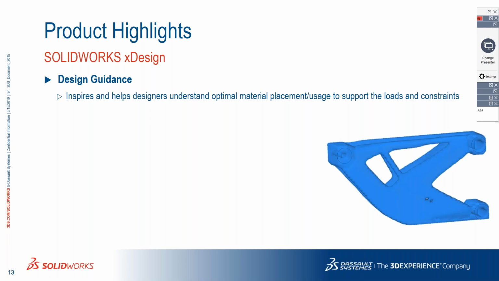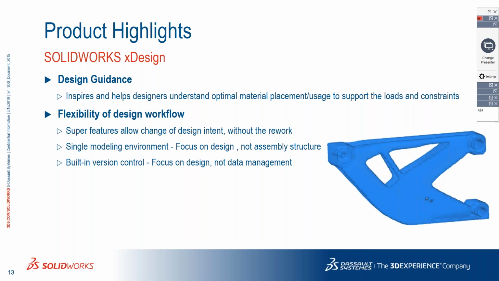So if you have to design a bracket, you just define the support locations and the loading locations, so you define your boundary conditions and the design will be generated by the software itself. This is something very unique to SolidWorks xDesign.